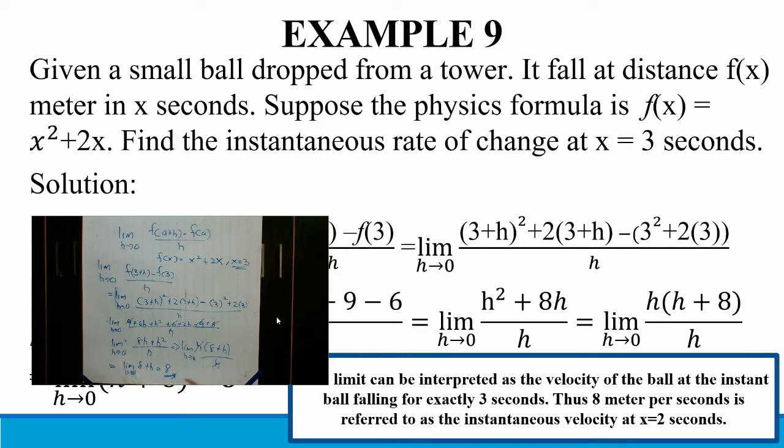So the speed means that 8 meters per second is the speed when the ball has been falling for exactly 3 seconds. When the time taken is only 3 seconds, the speed of the ball is 8 meters per second.